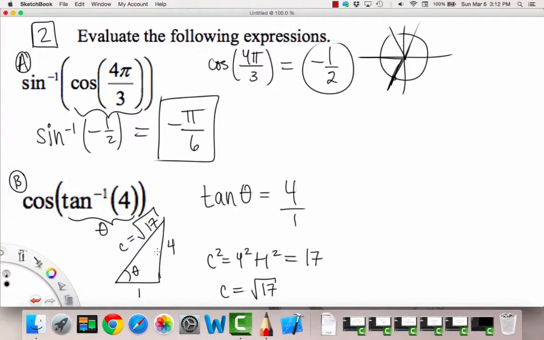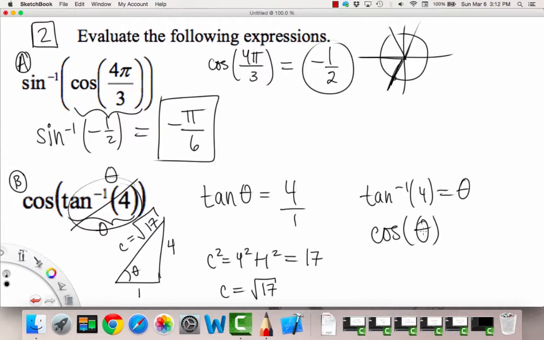So what does that tell us? We're looking for this angle here. So if I rewrite tangent inverse of 4 is equal to some angle, we can just plug that in directly and replace it with a tangent. So what we're looking for is really cosine of that angle theta, right?